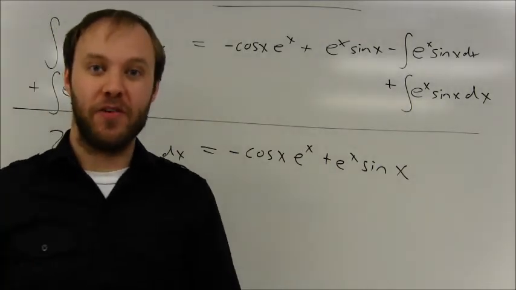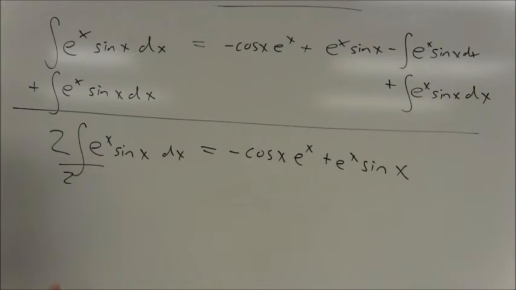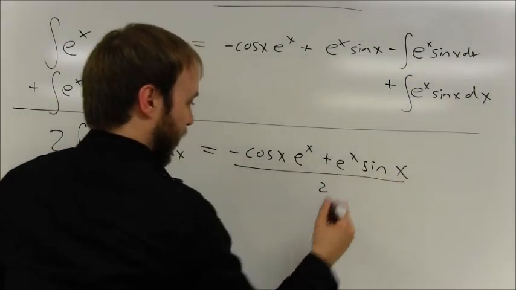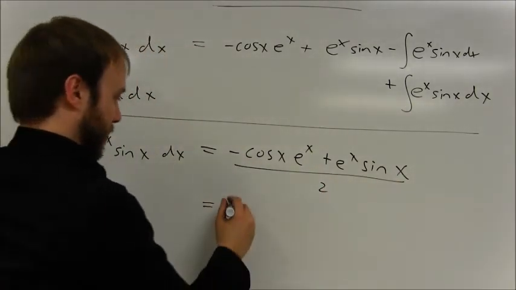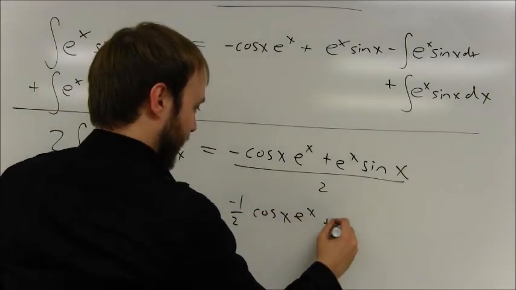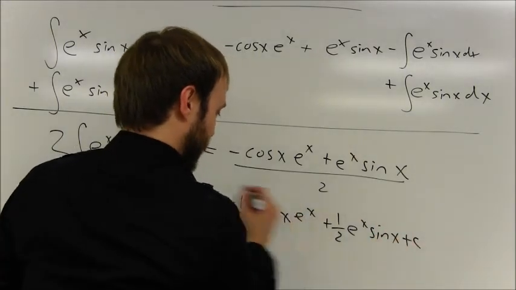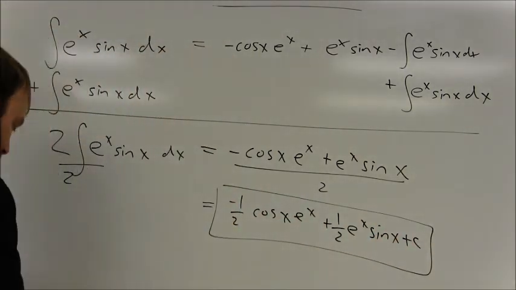Well, I only want the value of one integral. No big deal. I divide by 2, and this side over here also gets divided by 2, and that equals negative 1/2 cosine of x e to the x plus 1/2 e to the x sine of x plus c, and I have my final value.